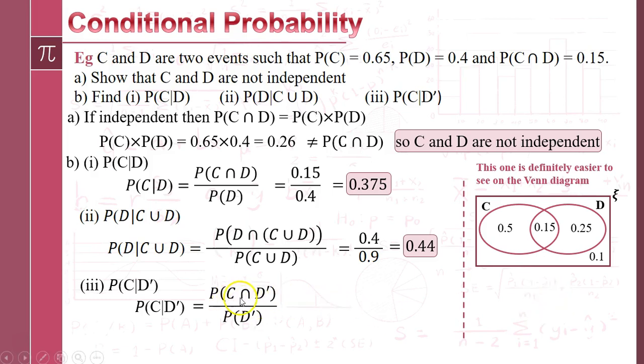In C and not in D, it's got to be in C, but at the same time not in D. So that gets to that bit, which leaves us just with the 0.5. For the denominator, we just need not in D, so everything that's outside D. D is here, so outside D would be the 0.5 and the additional 0.1. So we've got 0.6 on the bottom. So the probability of C given not D is 0.5 divided by 0.6, which is 0.83 recurring. And there we go.